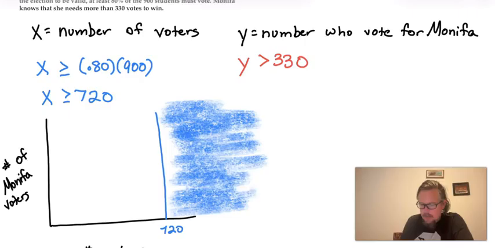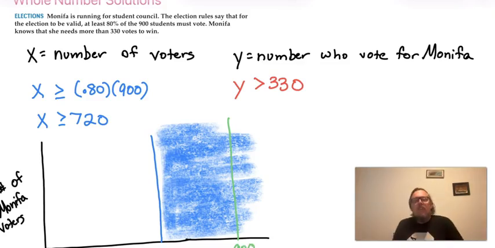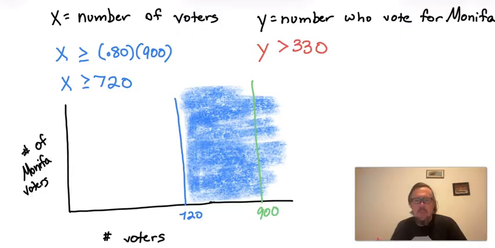Now it's not going to go on forever because we only have 900 students. So at some point, we're going to have to draw a line. Let's do it in green maybe. Let's extend this out. At some point, we're going to have a line at 900 that says this is how many students we have. We can't have more than 900 voters because we've only got 900 kids in the school.